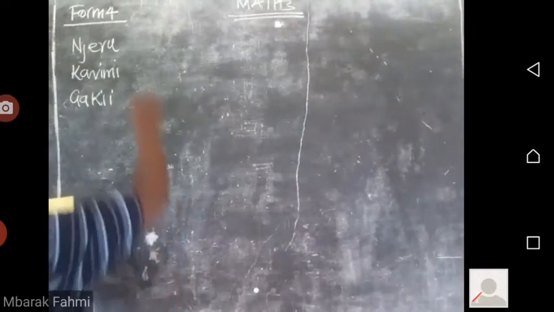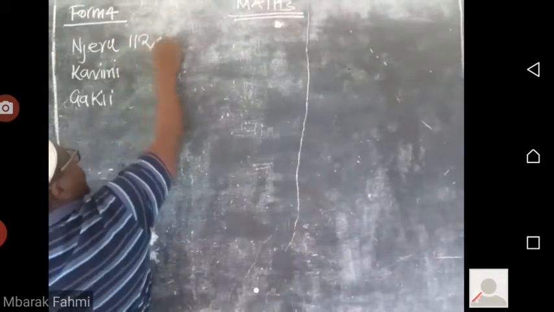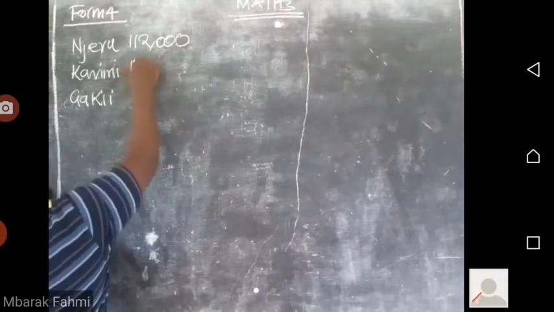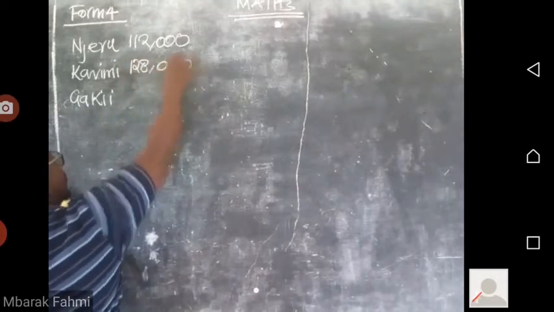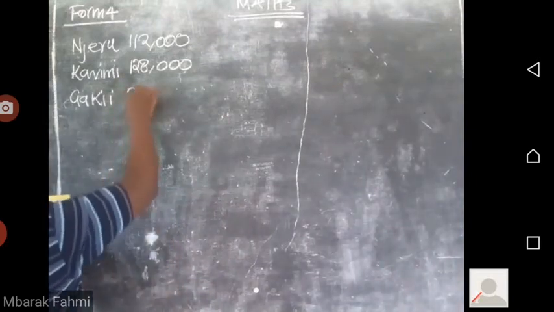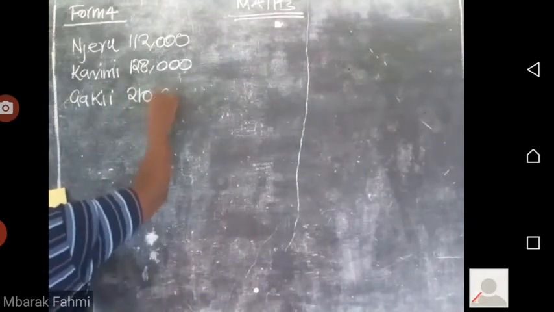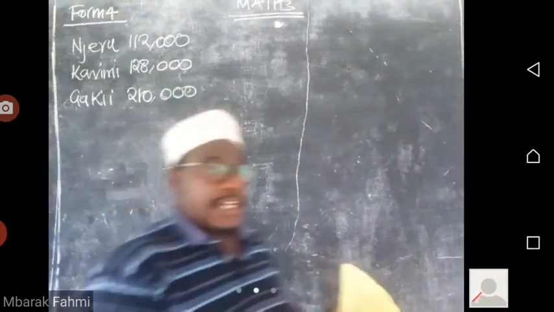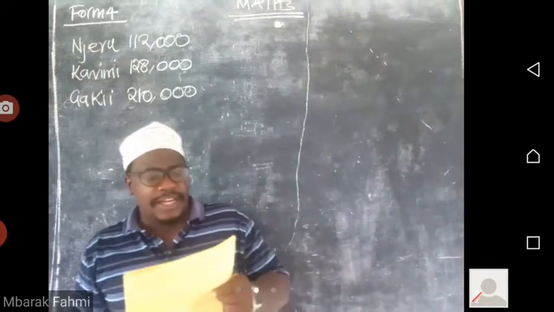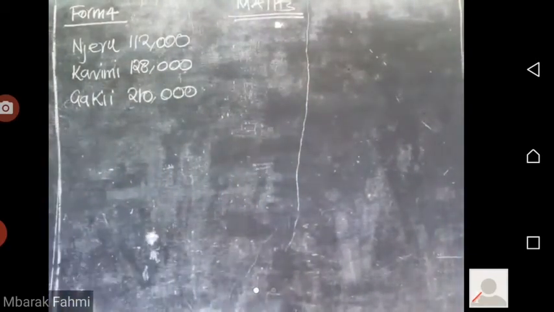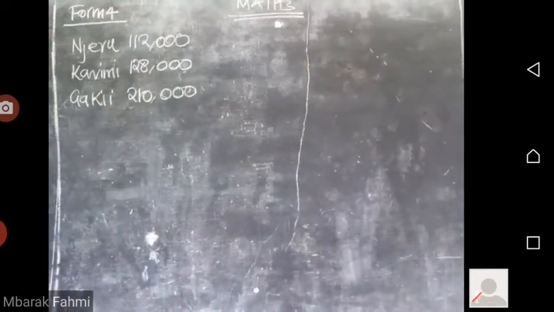Contributed 112,000, 128,000, and 210,000 respectively to start a business. They agreed to share their profit as follows.